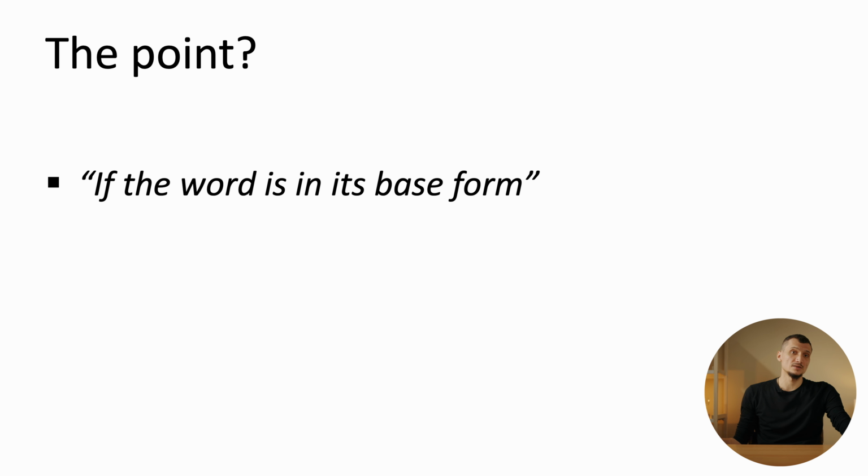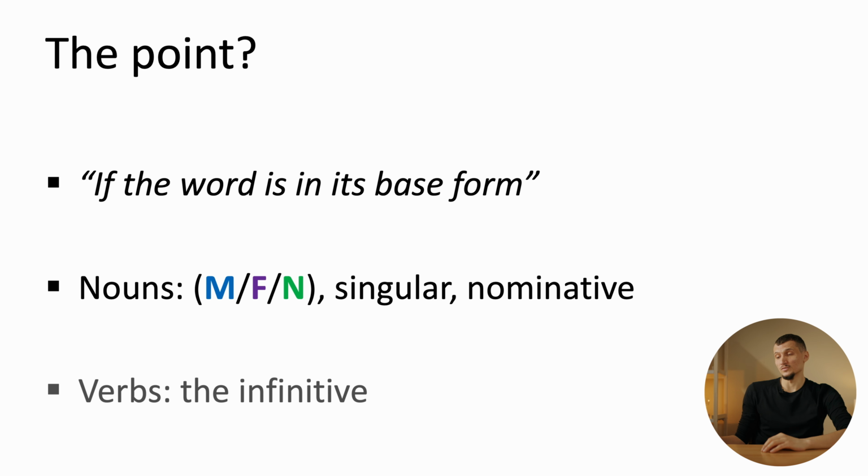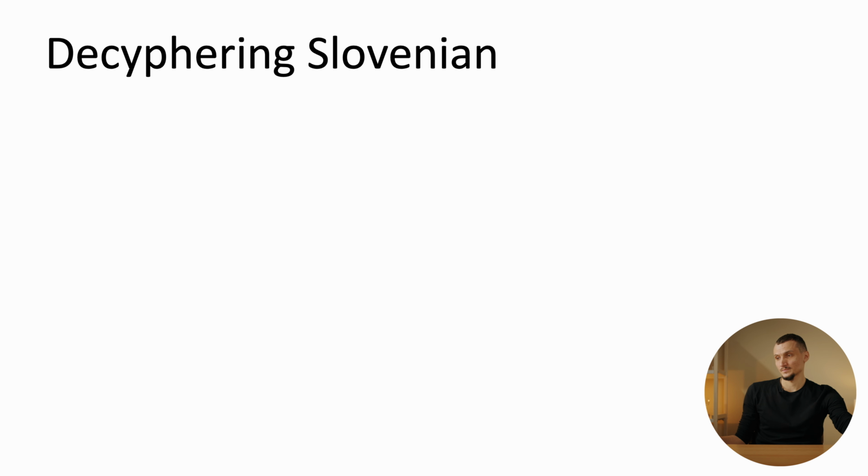And what we mean by that, if we review one more time, with nouns is singular, nominative, whatever gender the noun happens to be. With adjectives, singular, nominative, and masculine. And with pronouns, we haven't mentioned those yet, it's always nominative, but then the number and the gender is whatever that pronoun happens to be. And with verbs, we said the base form is the infinitive.